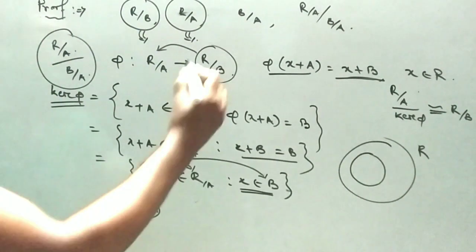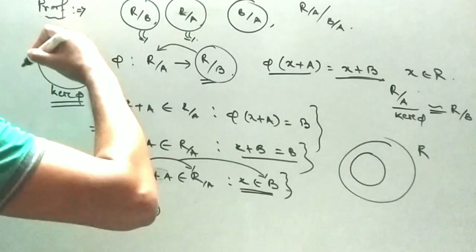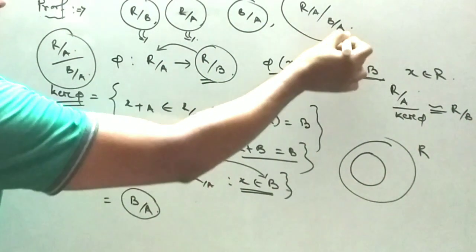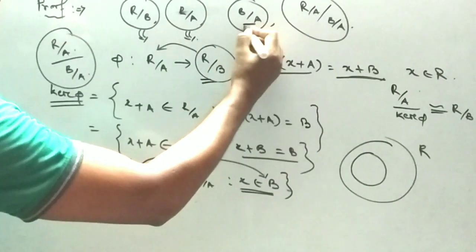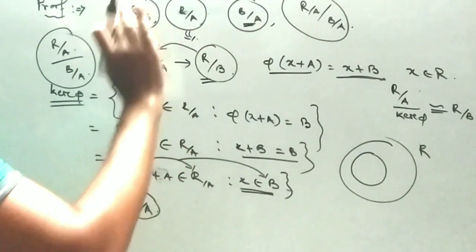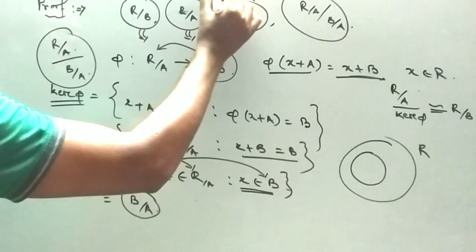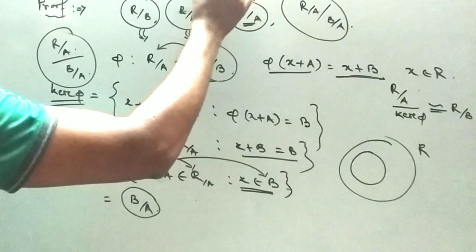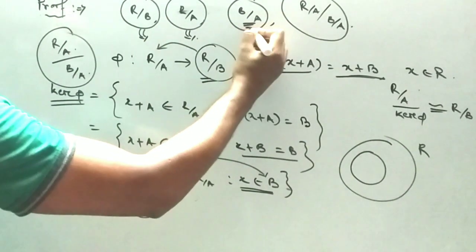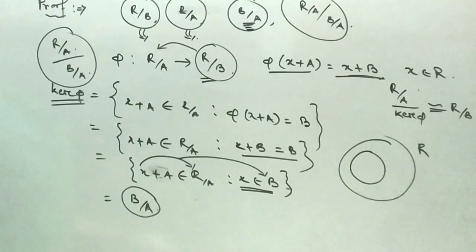Okay, so this is an ideal also and this quotient ring exists, and B/A is also a quotient ring because A and B are both rings and A is an ideal of B, so this must exist.